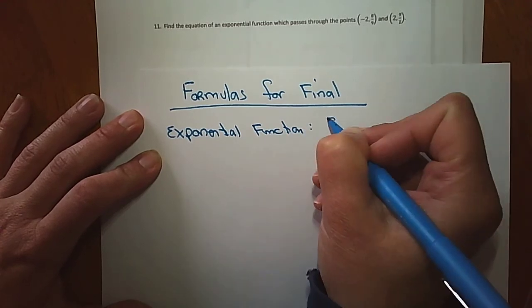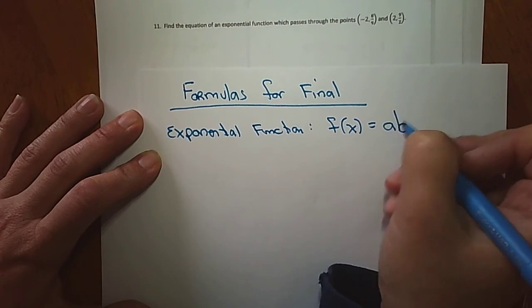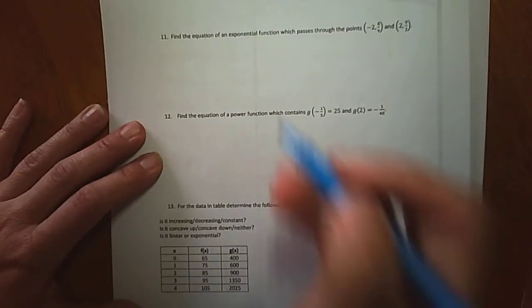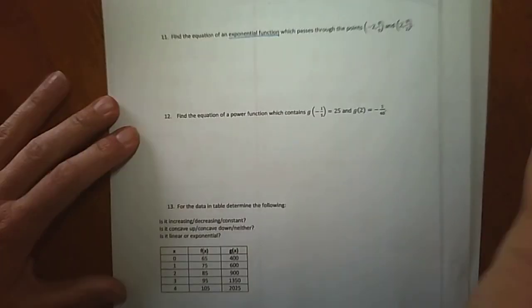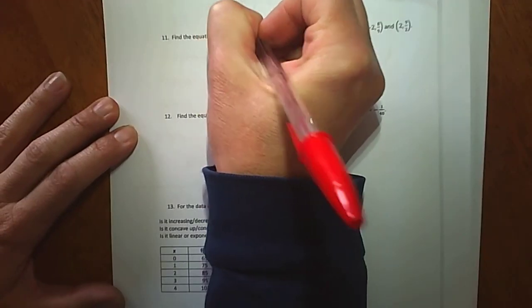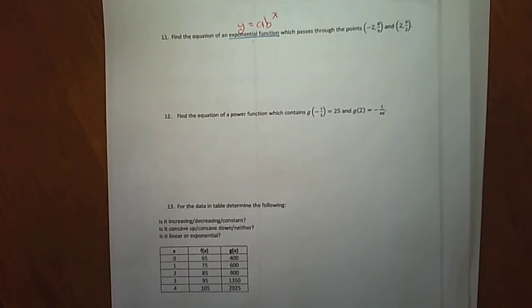And that was f of x equals a b to the x. So that's the formula we have to use if it says exponential. As soon as I see what function they mentioned, I usually write y equals whatever the formula is right above it, so I remember which one I'm doing.